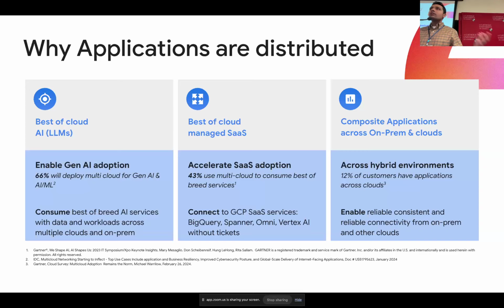So enterprises are going to multiple clouds to get GPUs and TPUs. The model most suited for your enterprise may require you to expand to other clouds to get that capacity. And finally, the data required to train the AI models may not coexist with the GPUs that are available. So your model could be in one cloud, but your GPUs could be in another cloud because that was the best option available at that point in time.